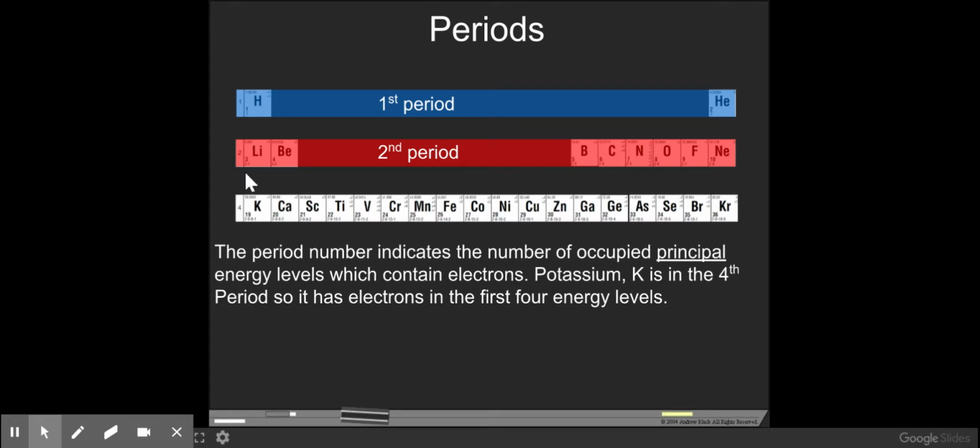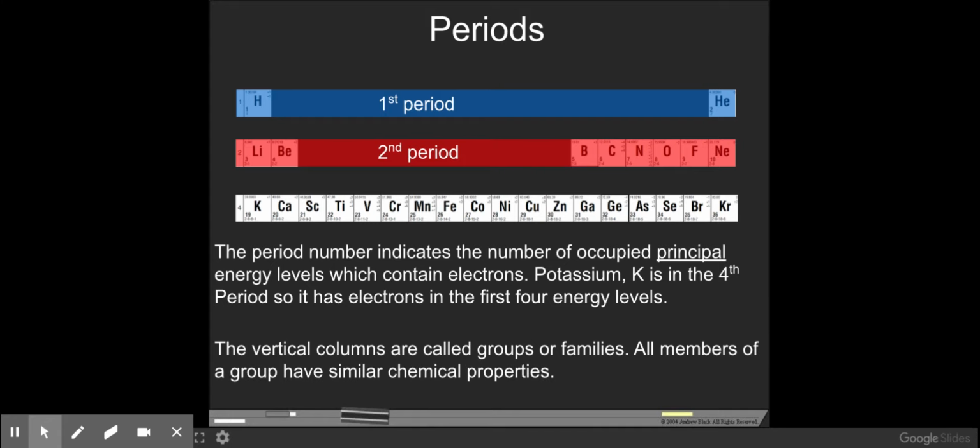And then if you look in the second period at lithium, beryllium, boron, carbon, nitrogen, oxygen, fluorine, neon, you'll see that there's two different electron shells. You'll have a 2 dash and then some number. So that's saying you have electrons in the first shell and electrons in the second shell around the atom. And it continues going, so once you go into the third period, there'll be 3, fourth period, there'll be 4.